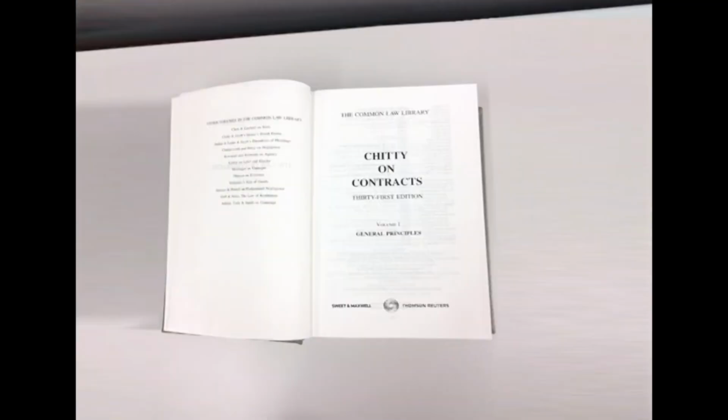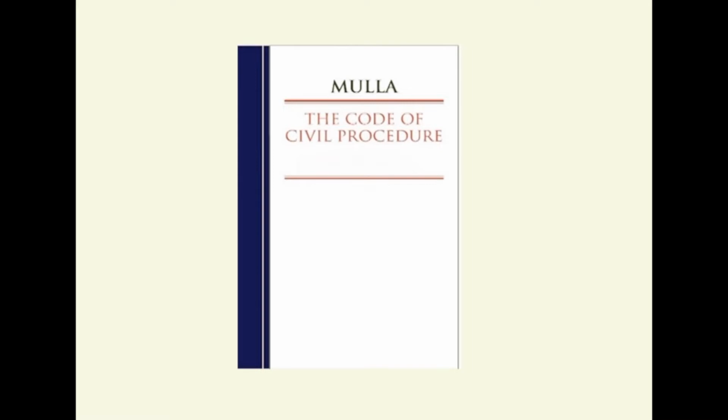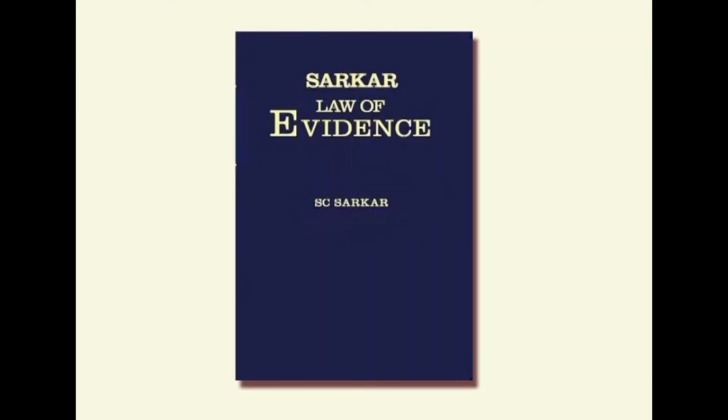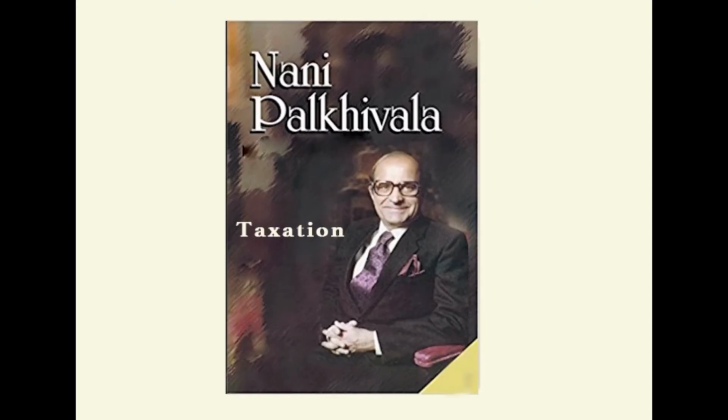Apart from this, legal material also may be in the form of treatises authored by eminent authorities like Chitty on contracts, Mulla on Civil Procedure Code, Sarkar on evidence, Nani Palkhivala on taxation, so on and so forth.